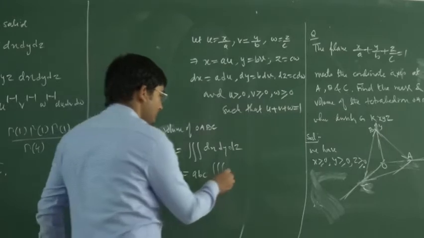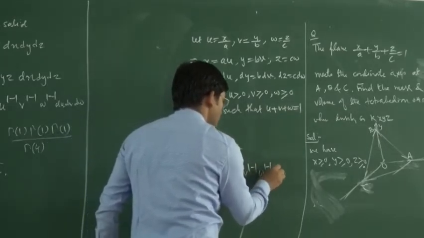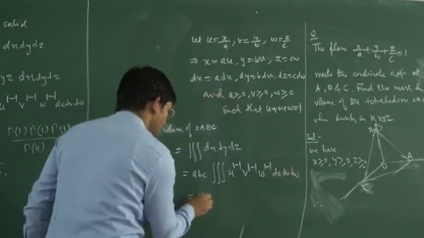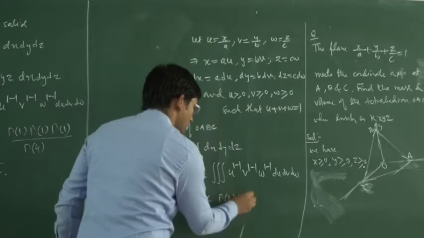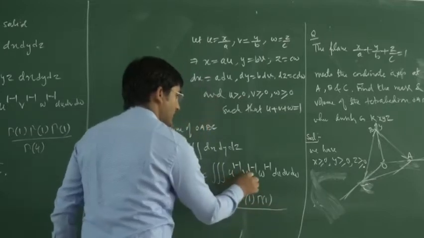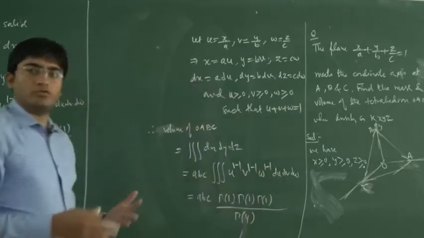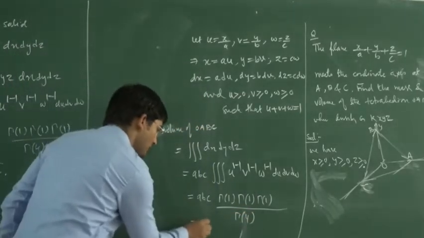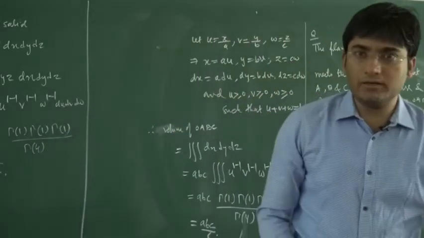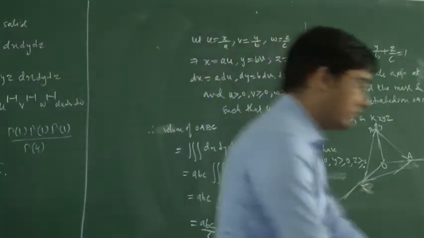Now this can be written as u power 1 minus 1, v power 1 minus 1, w power 1 minus 1 du dv dw. Now this is equal to abc, gamma l, gamma m, gamma n divided by gamma l plus m plus n plus 1. So we have gamma 4, and gamma 4 is factorial 3. So we have abc upon 6. So the volume of the solid in this case is equal to abc upon 6.